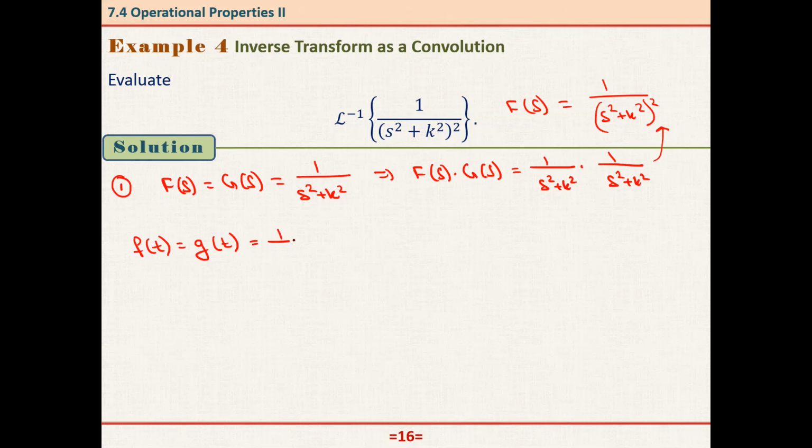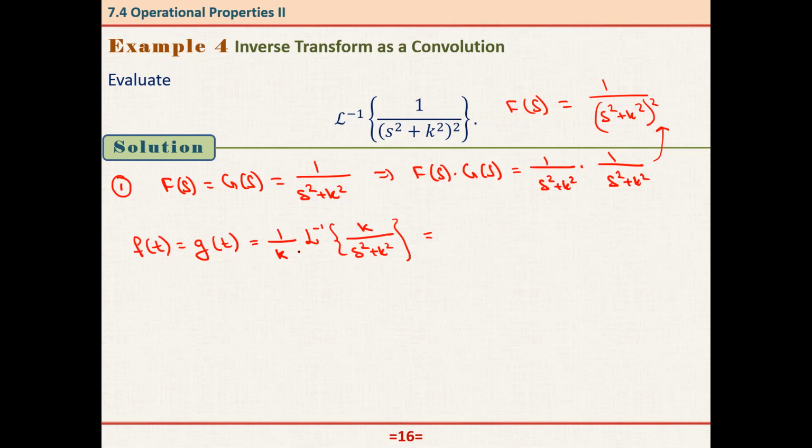1 over k, because here we have k squared. If I put k here, we know that this is the Laplace transform of sine of kt. So here we have inverse Laplace of k over s squared plus k squared, and we are familiar with this.